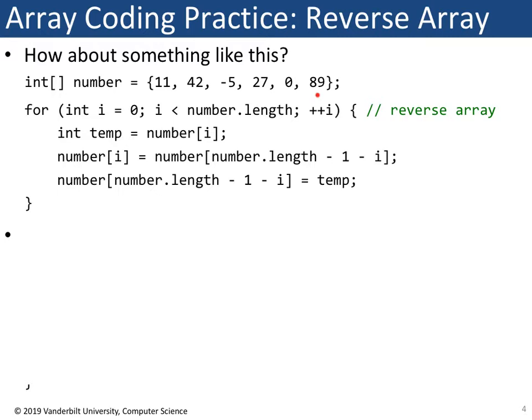So this is going to be index 5, which is given by length minus 1. So this gives us the last element of the array, and this minus I allows us to progress from the right side as we progress from the left side. So we're assigning the next element on the right side of the array to the next element on the left side of the array.